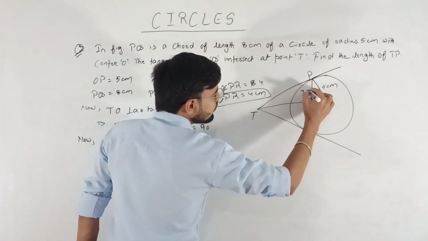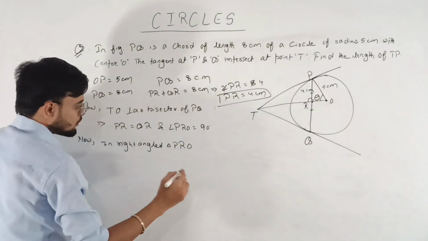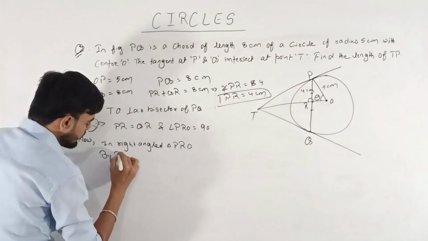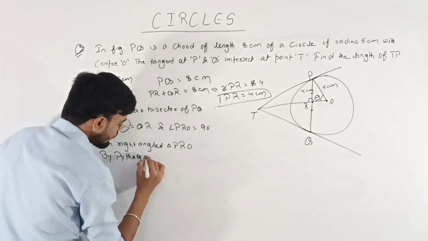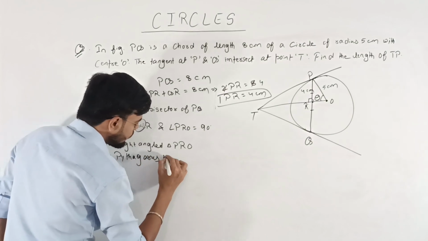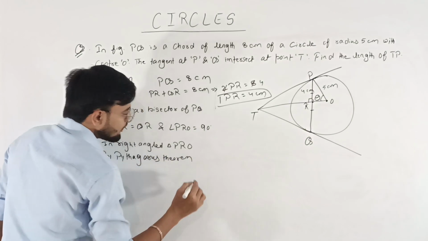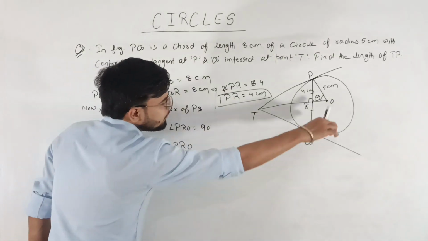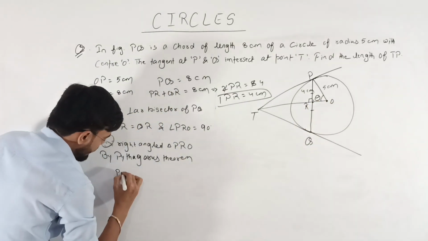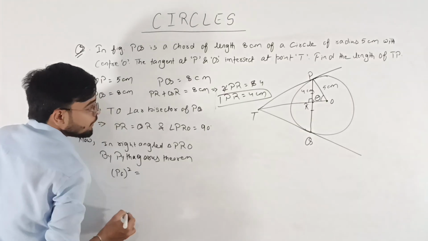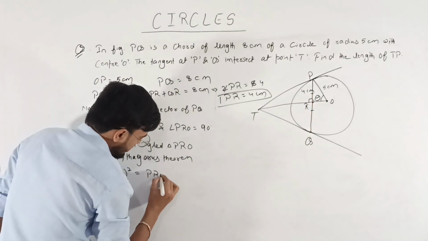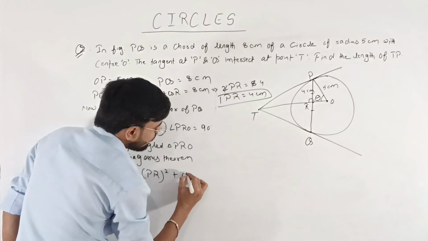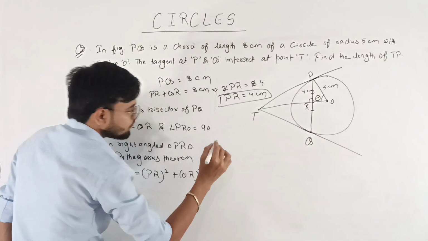Now PR is 4 centimeters, so we use the Pythagoras theorem. By the Pythagoras theorem, hypotenuse square is equal to perpendicular square plus base square. So PO square is equal to PR square plus OR square.